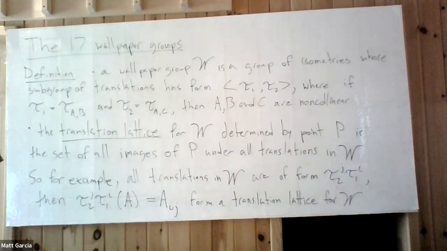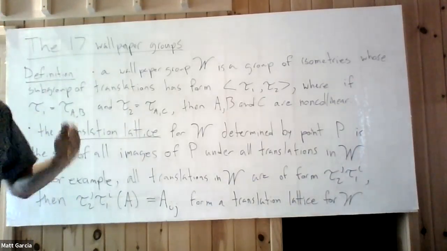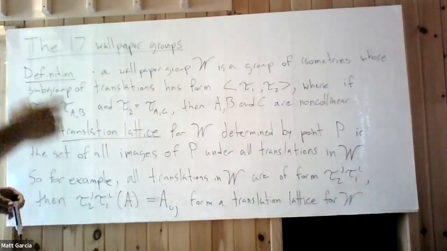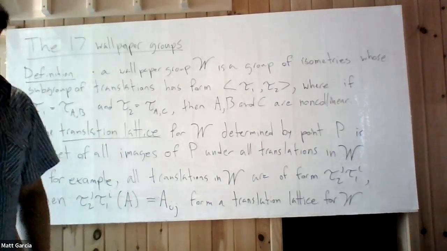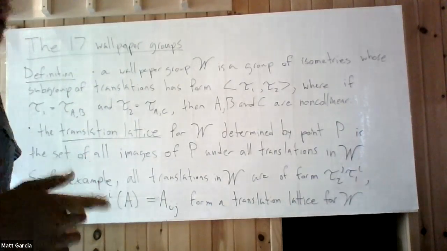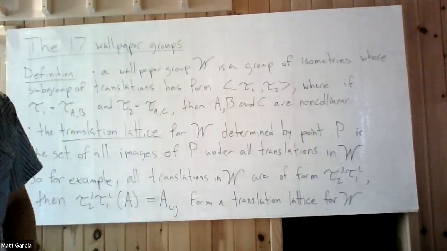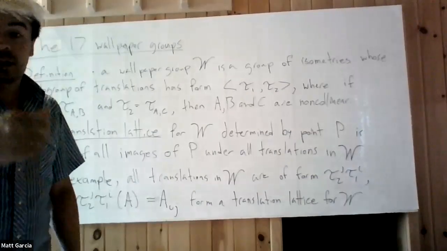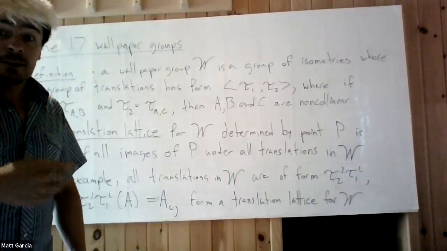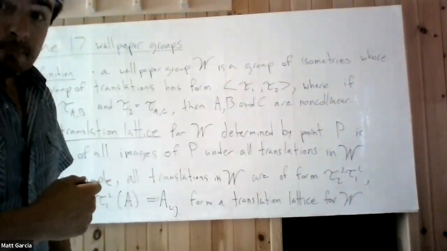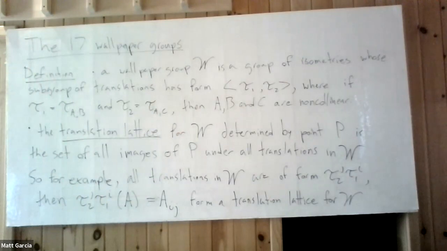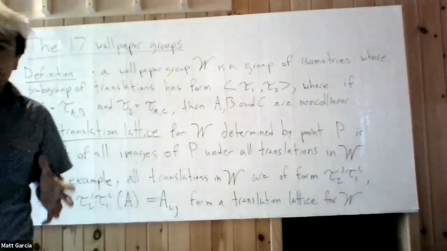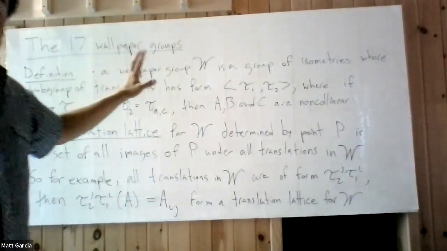Remember, when we were dealing with Frieze groups, we specified some way to choose a point A on the center line of the Frieze group, and then we labeled all the translations of A. In a Frieze group, all the translations are just powers of some single tau, so we labeled the translates of A as A sub i, depending on how many times we apply tau to A. Now, this term translation lattice has a very explicit geometric interpretation, which I'll draw a diagram for.